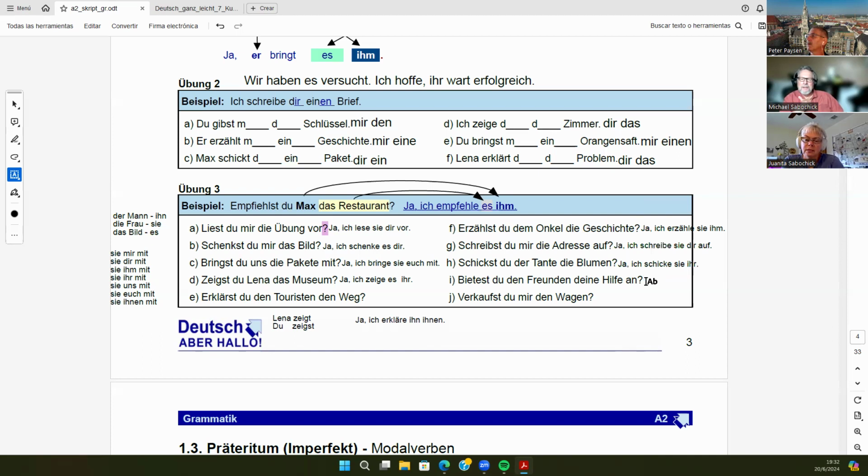Bietest du den Freunden deine Hilfe an? Do you offer your help to the friends? To the friends, yes, plural. Okay. Ja, ich biete sie ihnen an.